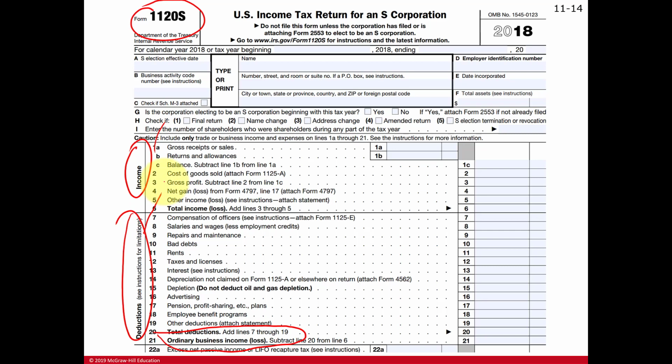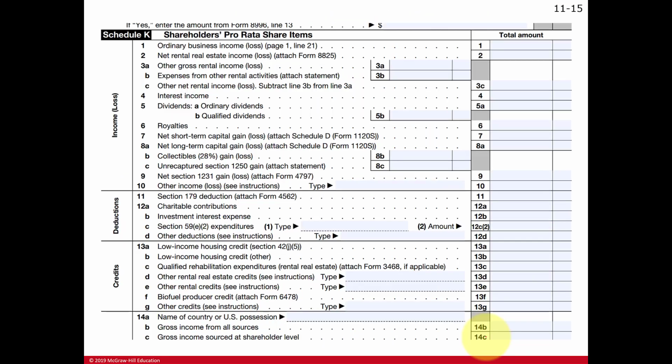Separately stated items again go straight onto the Schedule K. Now this ordinary business income or loss, this amount here in line 21, is going to be the first dollar amount on that Schedule K. Here's that ordinary business income or loss that has to be allocated among all the shareholders of the S corporation.